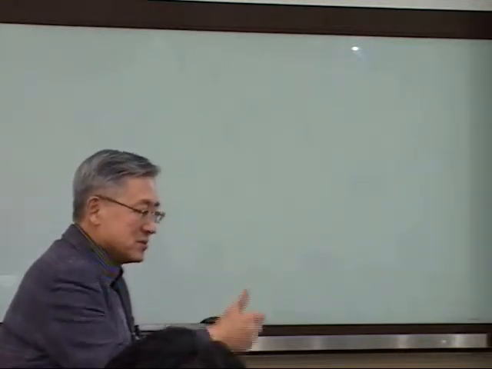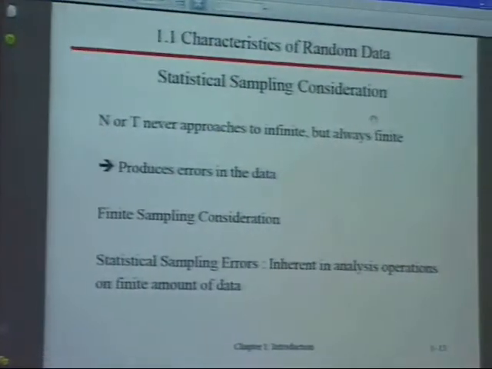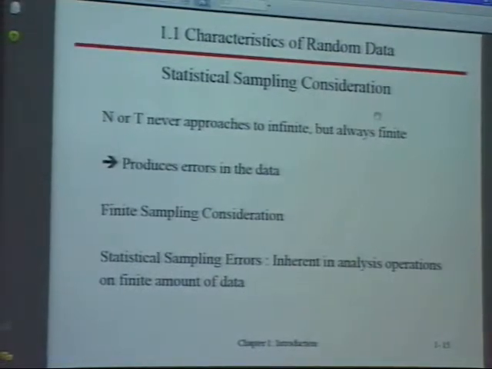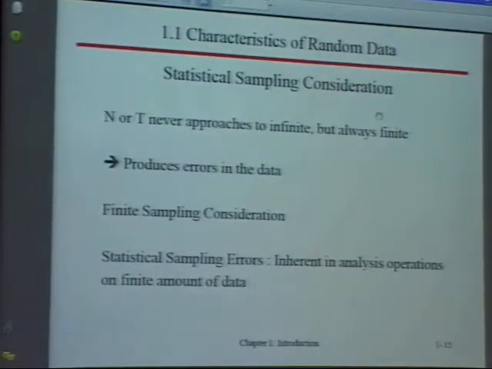If it's a coin, you just flip, and what's the chance that the top will show up? Half. It approaches half, vice versa. So everything infinite means producing error in the data. Finite, I can live with error.